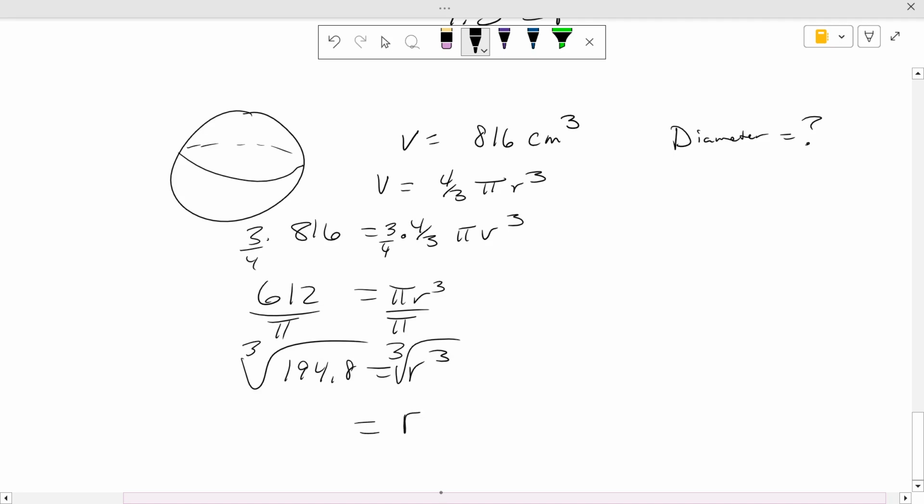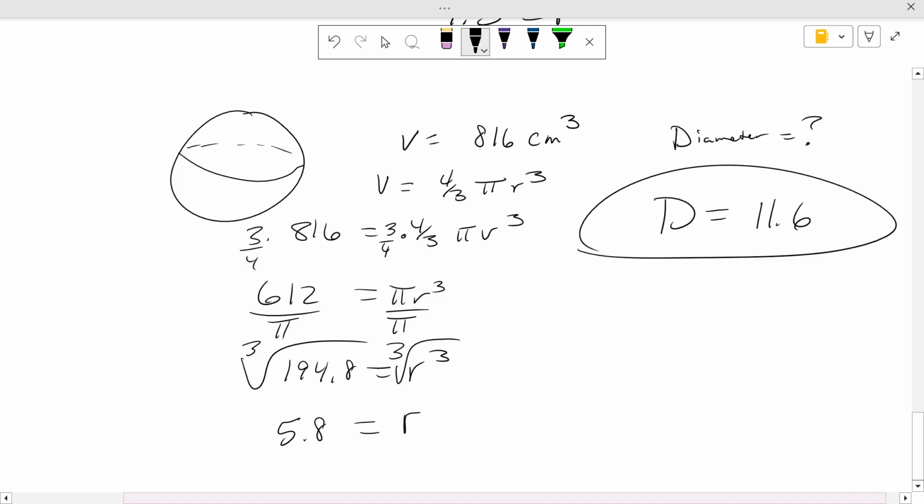The radius equals 4 point something. The cube root of 194. Oh, 5.8. That was off. Yep. So then the diameter would equal that times 2, which would be 11.6. Okay? All right.